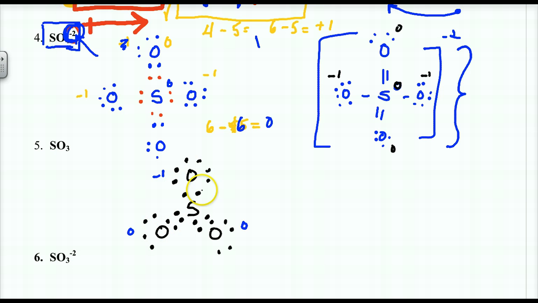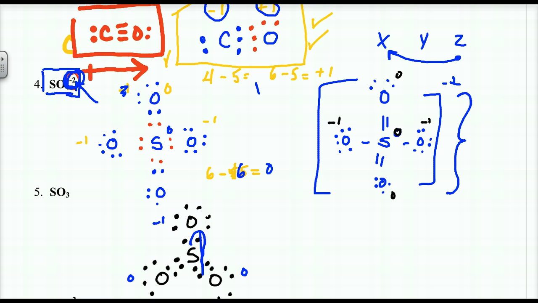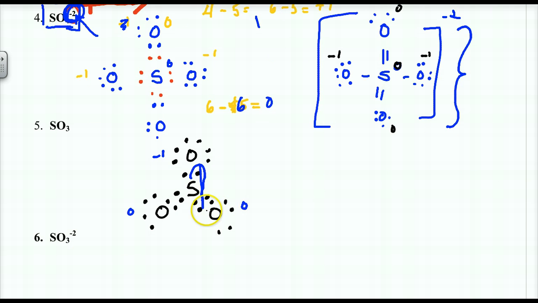This is still -1. Now this sulfur, let's check it out. Half of its bonding, there's no lone pairs. Oops. Okay, let's go back here. Terribly drawn, but what I have here is 1, 2, 3, 4, 5. 6 minus 5 is -1. So that's a possibility.